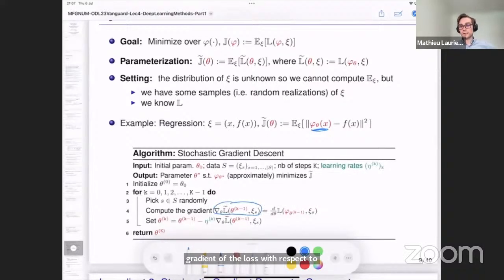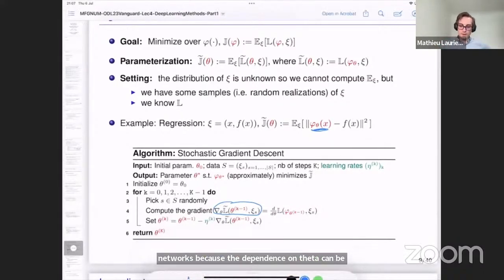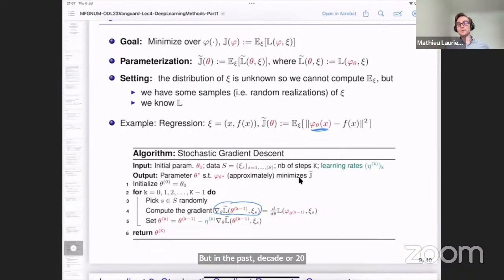Computing the gradient can be complicated because you have to differentiate through the loss function L, and you have to differentiate through the layers of the neural networks, because the dependence on theta can be complicated. But in the past decade or 20 years, a lot of libraries have been developed to do that for you.